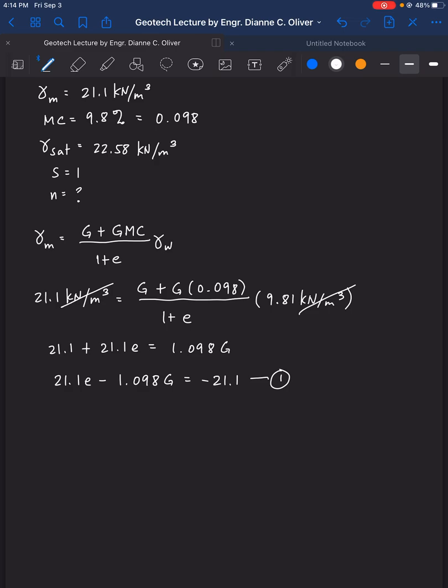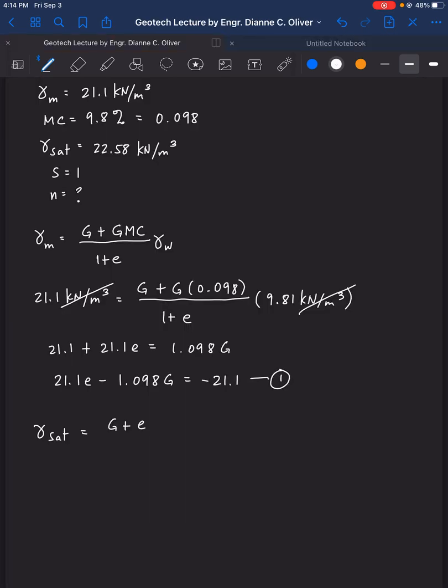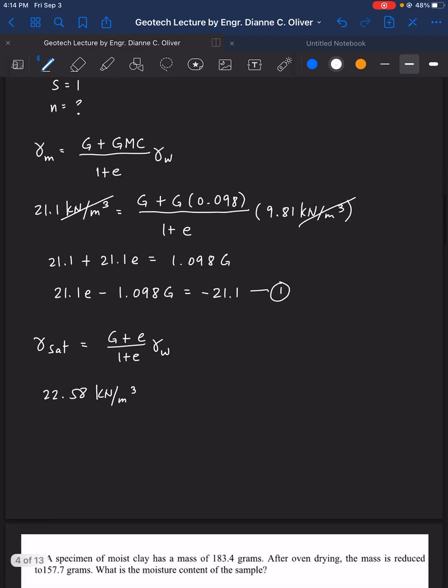Right? Next, let's have the formula for gamma sat. Gamma sat is equal to G plus E over 1 plus E gamma W. Gamma sat is 22.58 kilonewton per cubic meter.